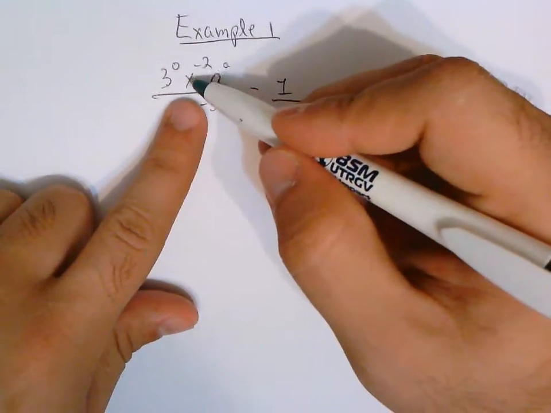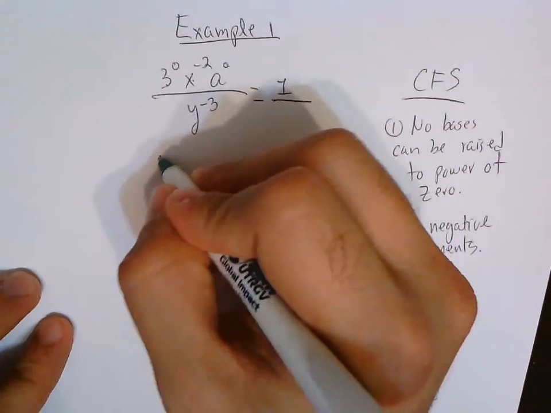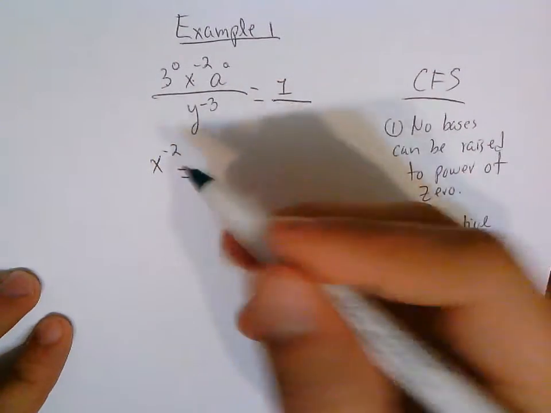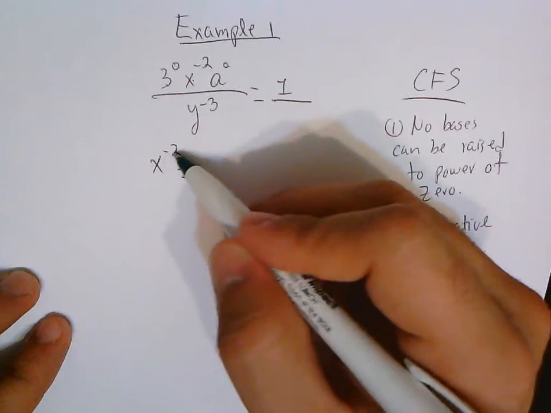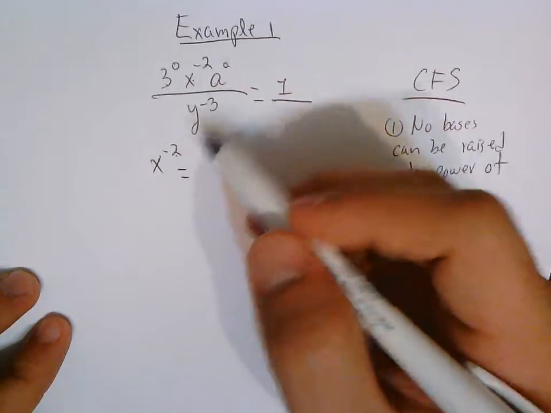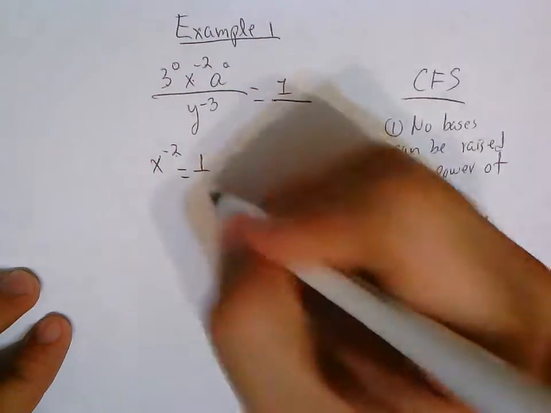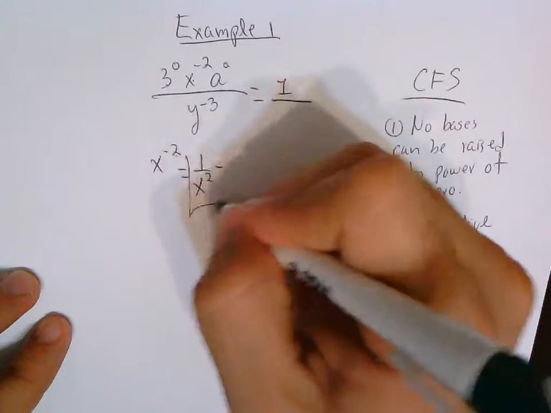Well, if I look at this x raised to the negative 2, and I'm going to write this down here, x raised to the negative 2, well, in order to make this negative 2 positive, I can just do the reciprocal of x to the power of 2, which is just 1 over x to the power of 2. And this will be the answer.